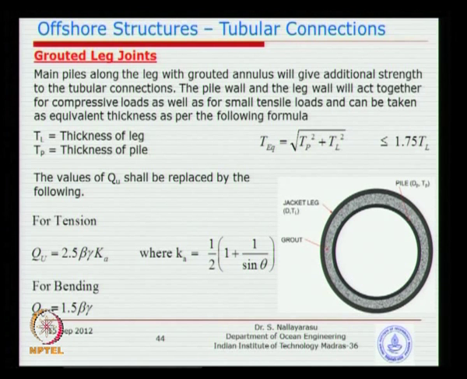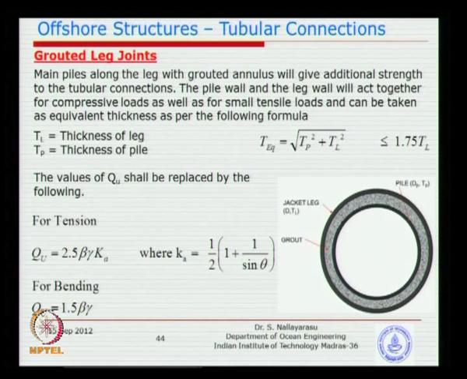When you apply loading, it is not going to behave exactly the same, but there is a pile inside which is going to provide large stiffness, and they are bonded together by the grout which is filled inside and set, and they are going to behave as a composite member.